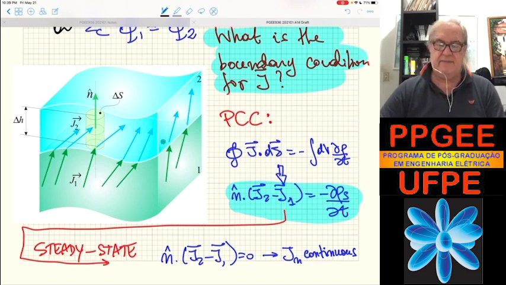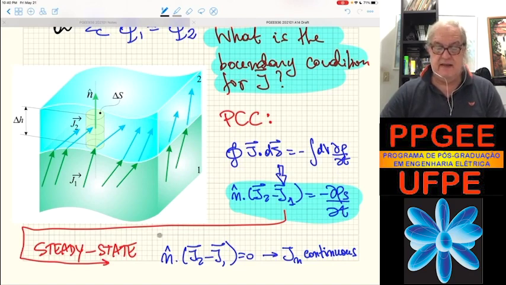If we make a small cylindric volume with a small height that goes to 0 and take the limit process, we have done that before already, so it's going to be very easy. It's going to be the discontinuity in J normal equals minus the rate of change of the surface charge density. That's what we would get for a time varying situation.